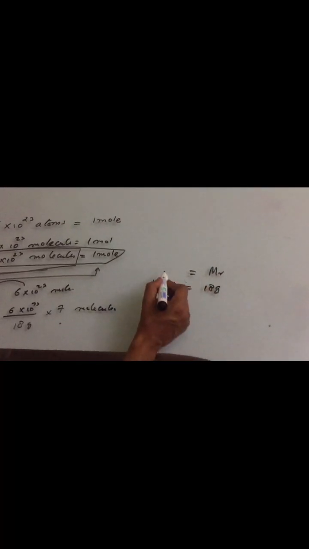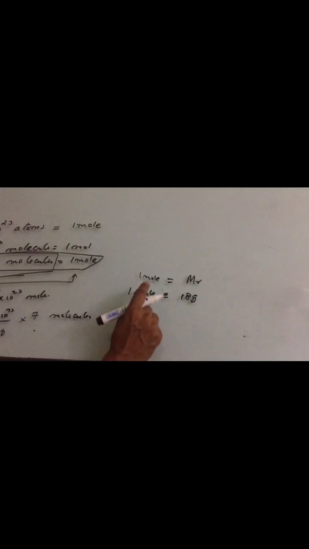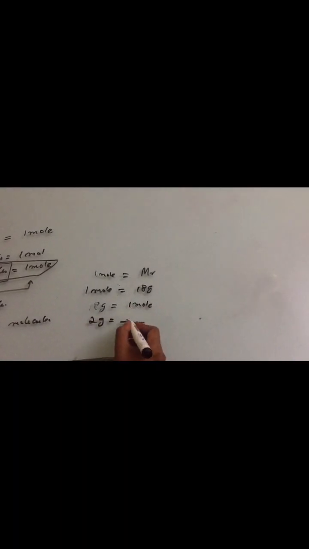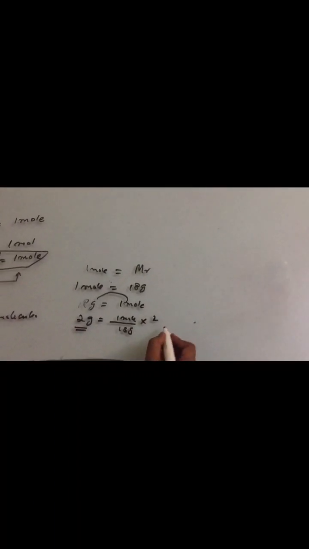Mole is represented by the small letter n. So 18 grams is equal to 1 mole. For example, in 2 grams, how many moles? Line up 1 mole divided by 18 grams, multiplied by 2, and you can easily calculate how many moles are there in the given mass of 2 grams.